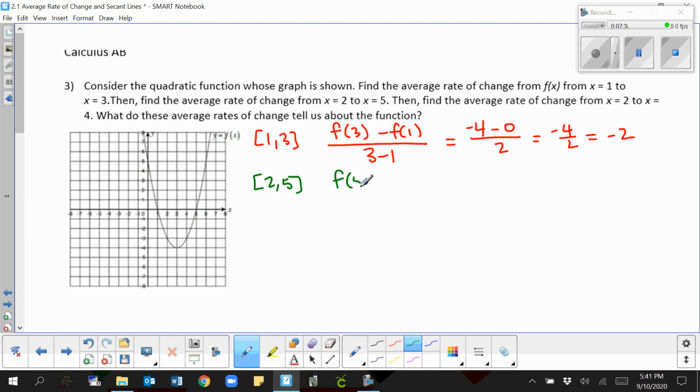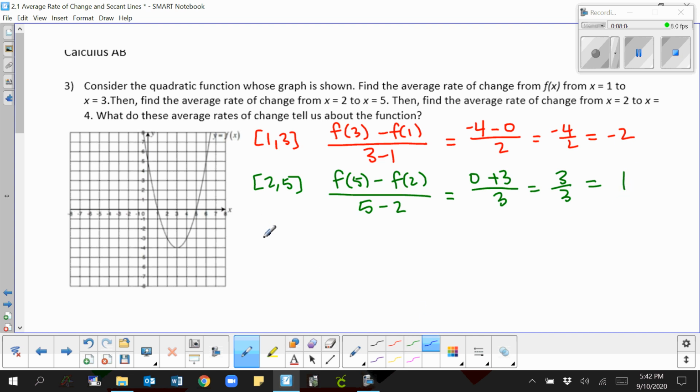So I'm looking at f of 5 minus f of 2 over 5 minus 2. So f of 5 is 0 minus f of 2 is -3, so that's going to end up being +3. 5 minus 2 is 3, so I'm looking at 3 over 3, which gives me 1.